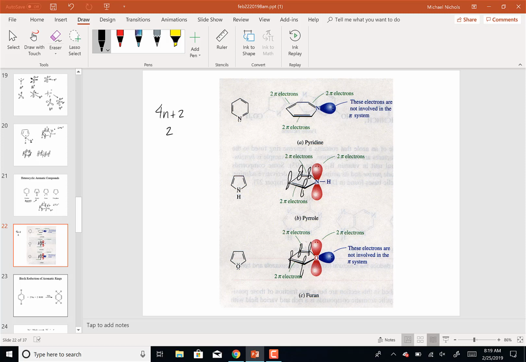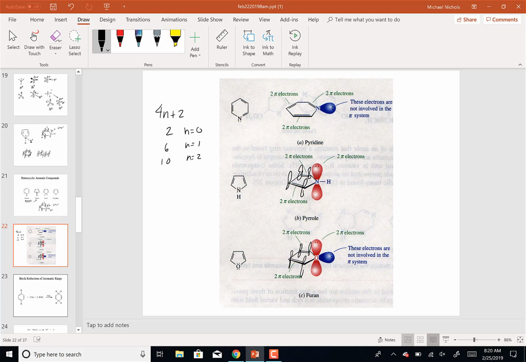So when n equals 0, I get 2. When n equals 1, I get 6. When n equals 2, I get 10. So all that 4n plus 2 rule does is it just generates the list of numbers of pi electrons that will make the system aromatic.